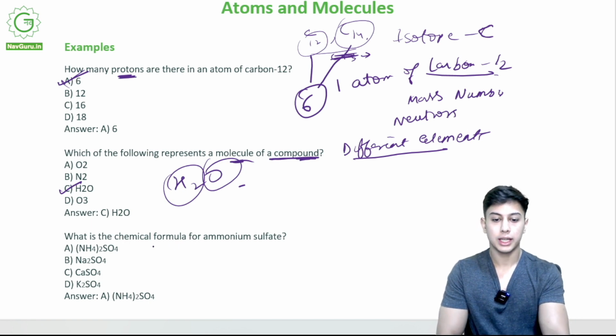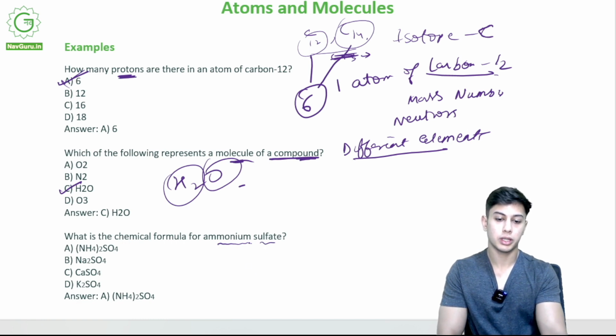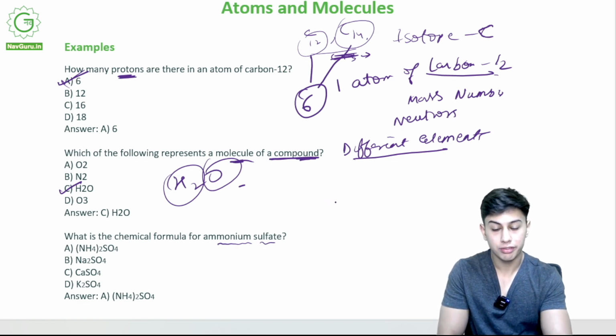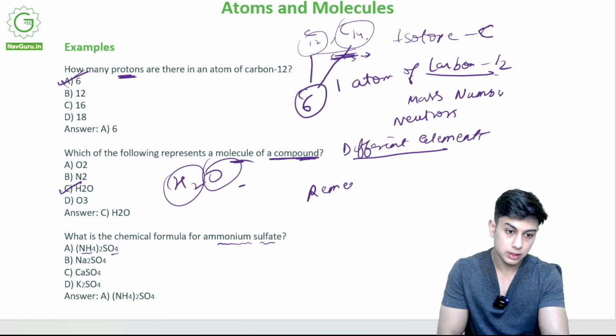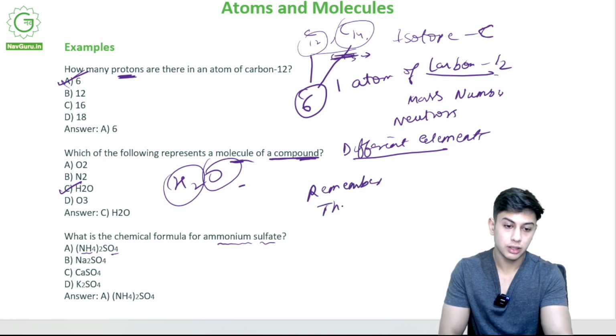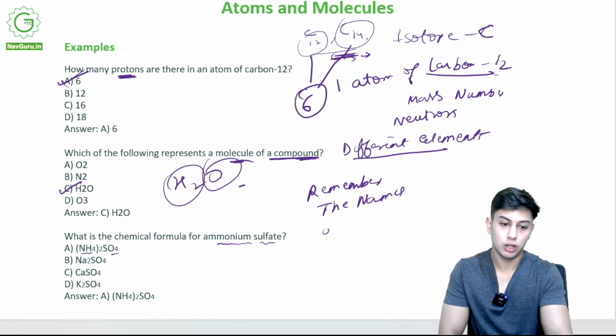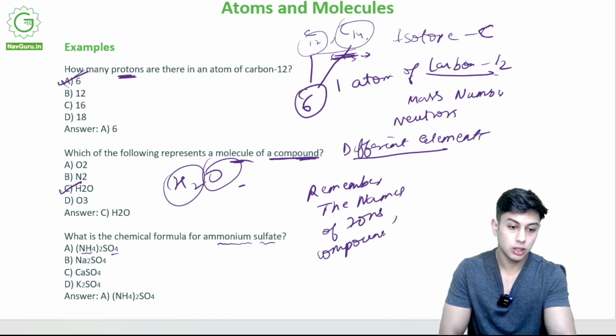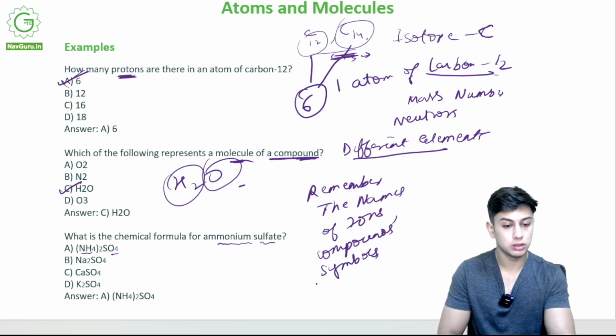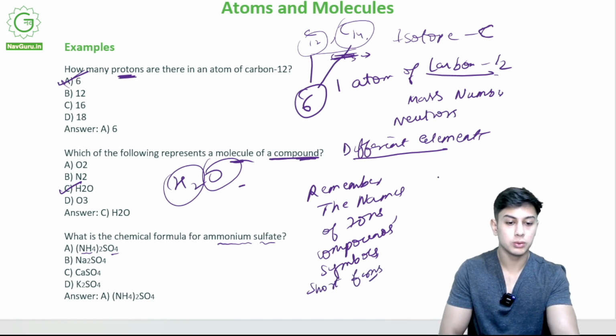What is the chemical formula for ammonium sulfate? Where can I find ammonium? This is ammonium. Where can I find sulfate? Remember guys, remember the names of ions, compounds, some basic compounds, the symbols, the short forms, how to pronounce everything.